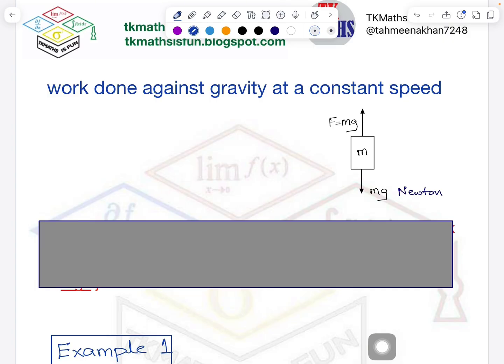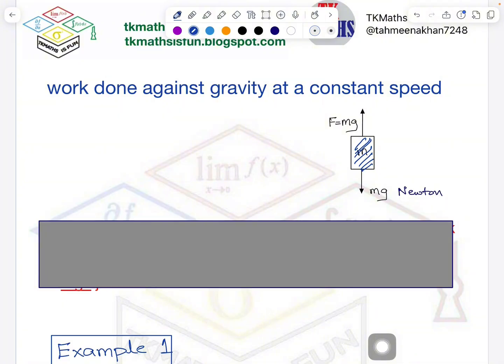Correct? Now, the next concept is work done against gravity at a constant speed. Now you need to understand the meaning of constant speed here. It's very important. Whenever a body moves at a constant speed, it means the force is equal in magnitude to the force of resistance acting on it. So right now the weight of this box is mg, which is down; mass is m and weight is mg.